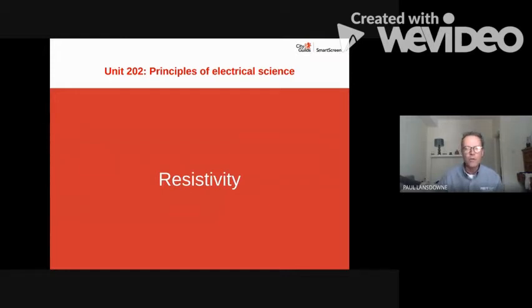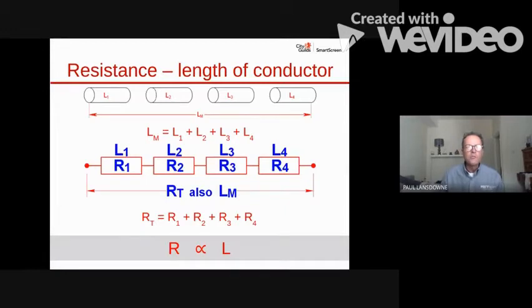So what we're just going to have a look at now is resistance. Now, the resistance of a cable is made up of lots of little resistances added together. So you've got an example here of a length of cable, L1, L2, L3, L4. Each part of that has a resistance, R1, R2, R3 and R4.